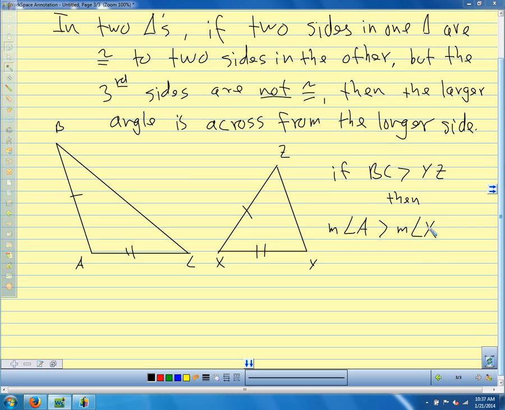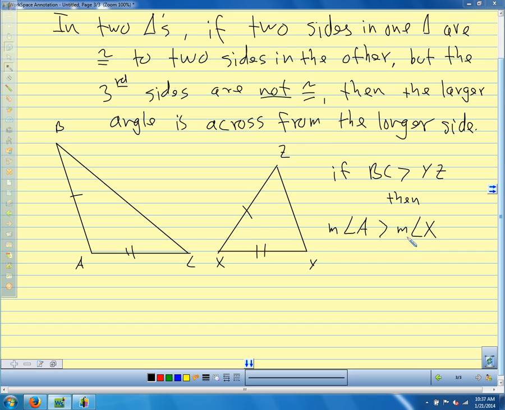So how would we start an indirect proof? We could assume that the measure of angle X is greater than the measure of angle A. What else could we assume? There are two pieces. We talked about this a little bit on Friday.